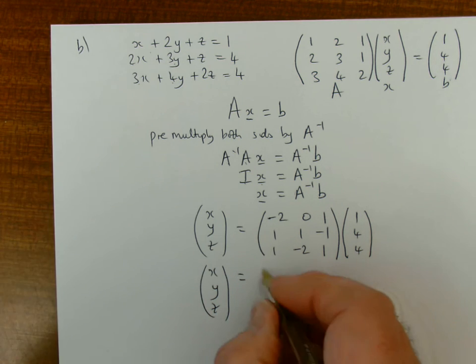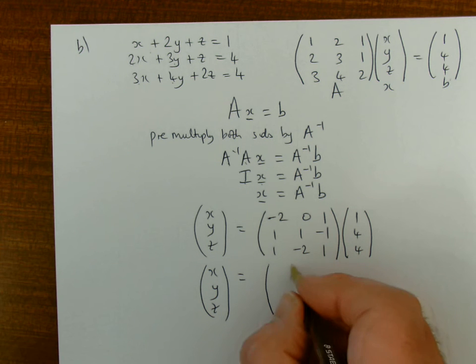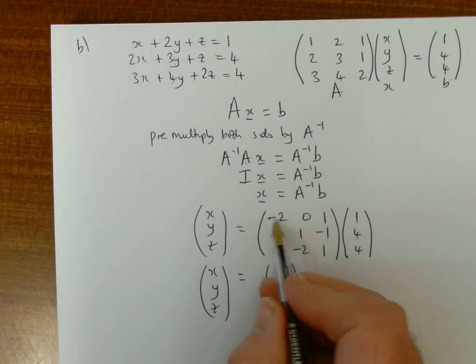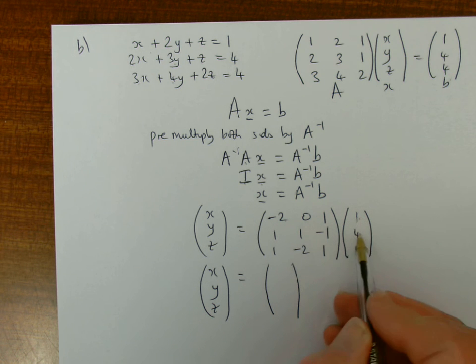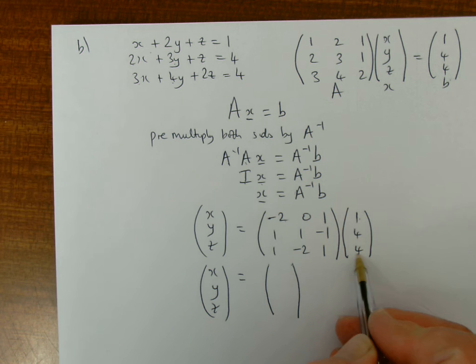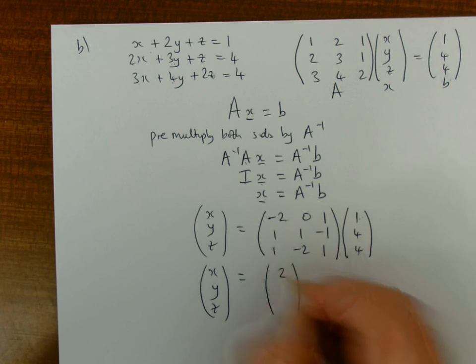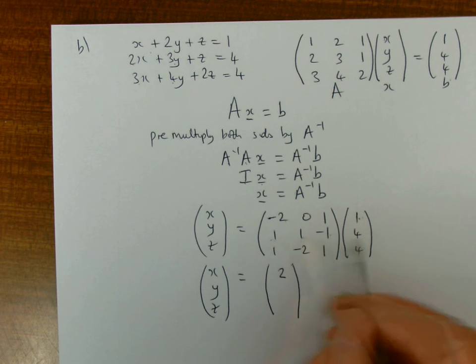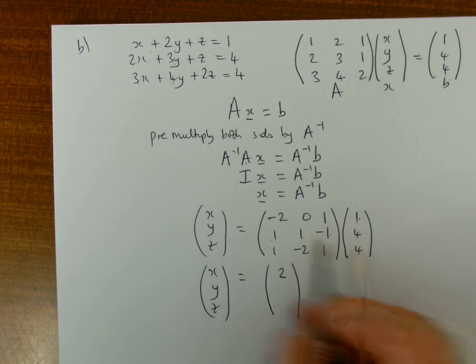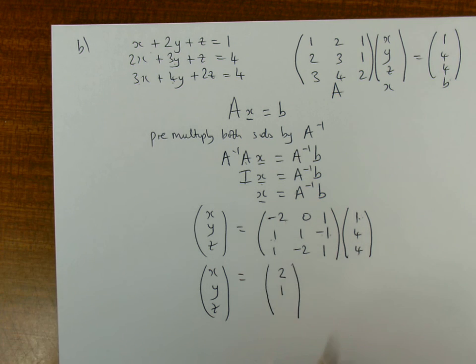Going across and down, my answer is going to be a column vector, 3 by 1. Going across the first row and down, minus 2 times 1, nothing times 4, 1 times 4, and I add those together, so minus 2, nothing, and 4 is 2. The second row: 1 times 1, 1 times 4, minus 1 times 4, so that's 1 and 4, take away 4 is 1.